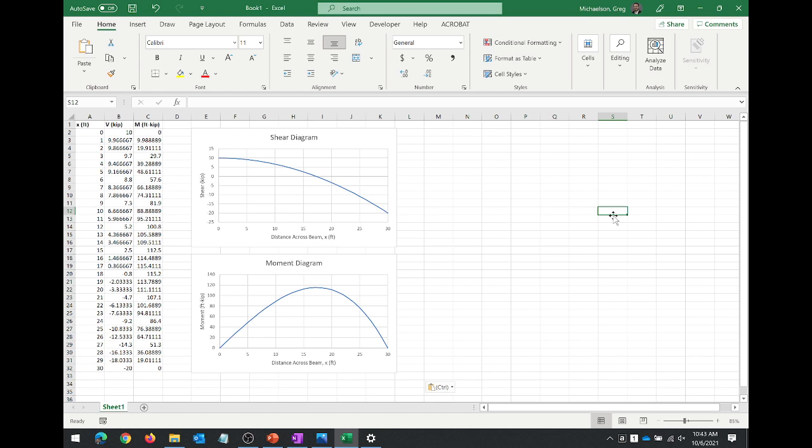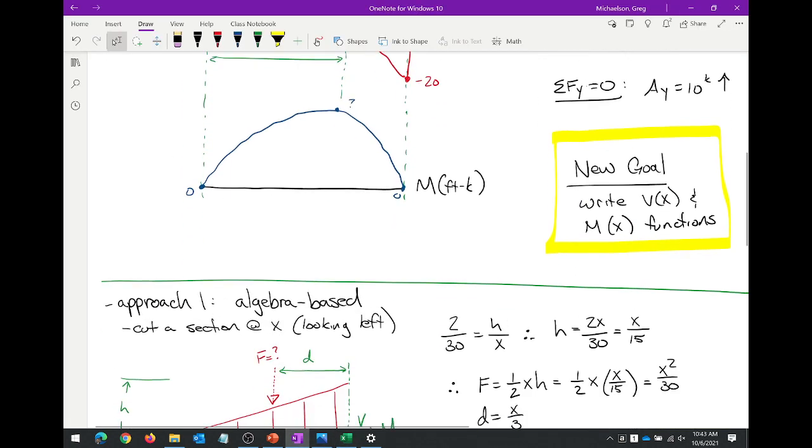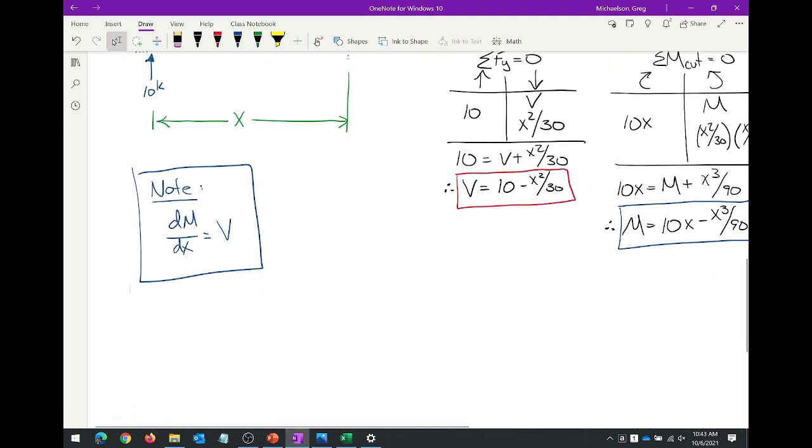Let's see if we can get an exact value on that. And the way that we get the exact value is we go to the math. And before we end, I'm going to show you this approach too.